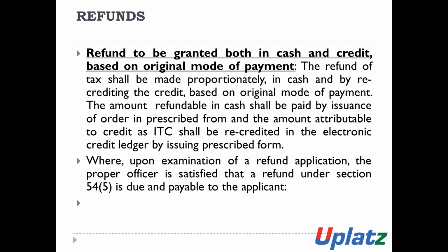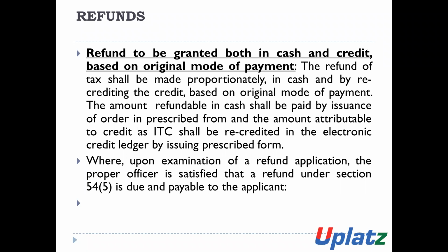The amount refundable in cash shall be paid by the issuance of an order in the prescribed form, and the amount attributable to credit as ITC shall be recredited to the electronic credit ledger by issuing the prescribed form.